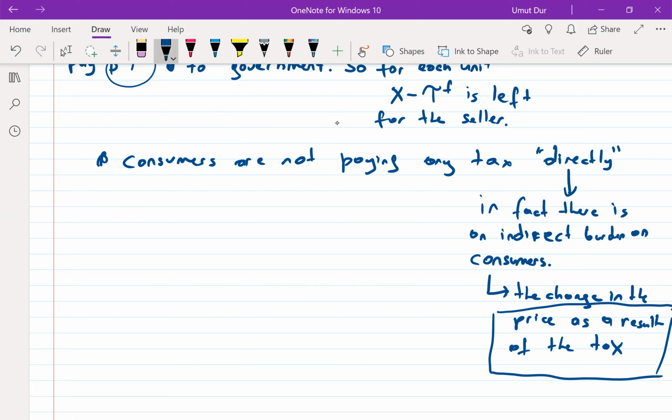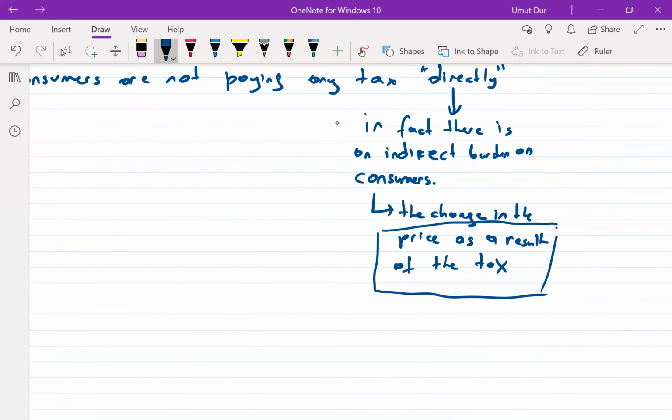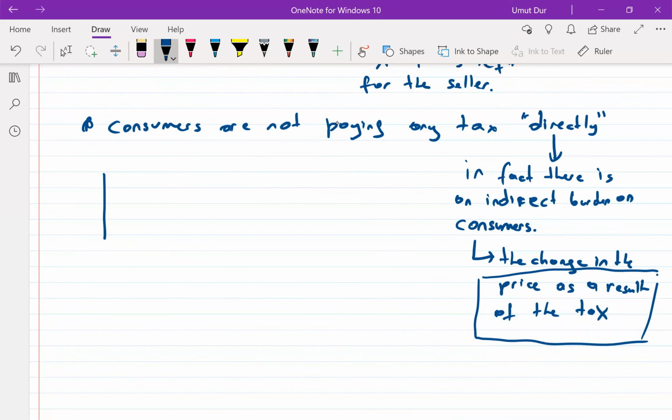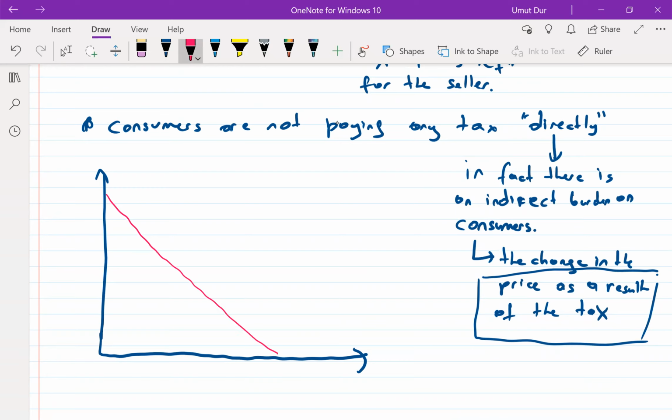Okay, so let's do our analysis. Let's draw our supply and demand graph without having a tax here. Let's draw demand with red, and the supply will be the light blue.